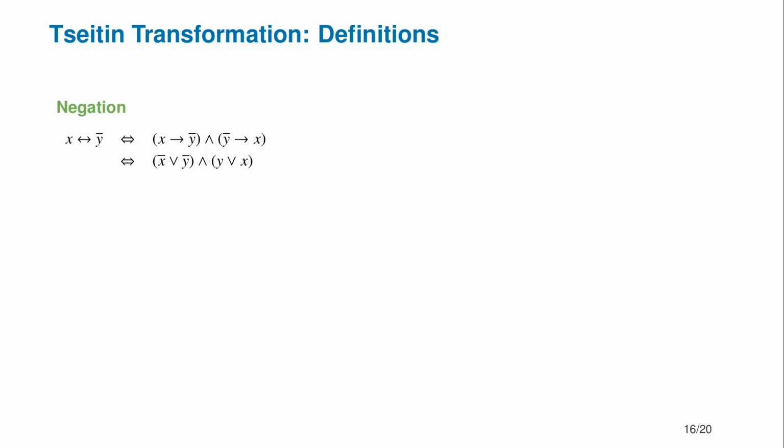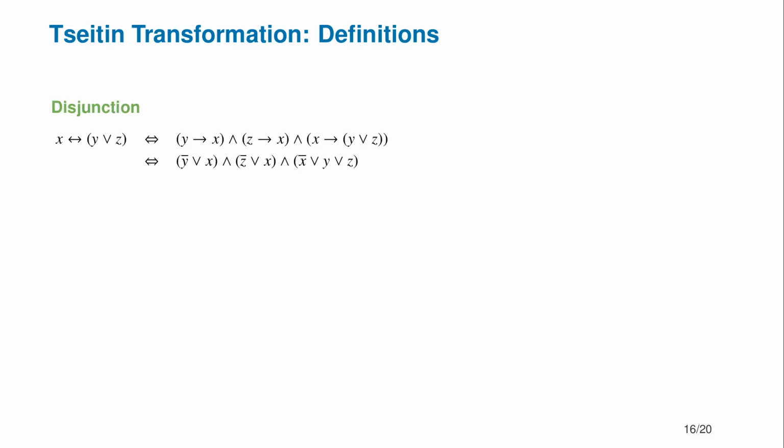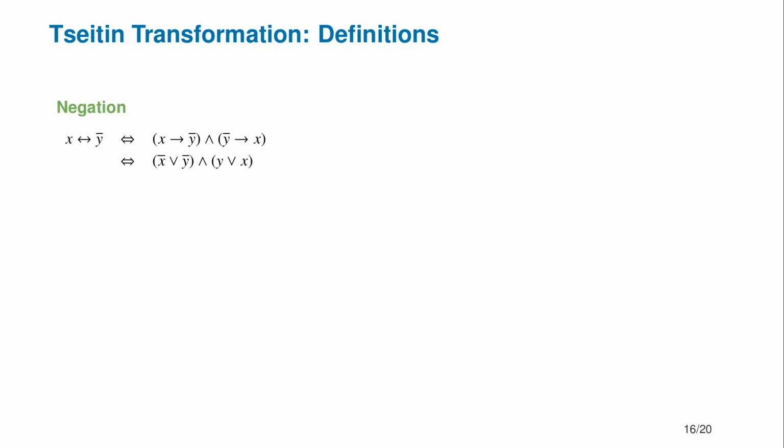For example, if the label replaces a negative literal, then we have X is equivalent to, for example, not Y. Then we first replace the equivalence by two implications. Then we replace the implications by disjunction and negation. And that's it. Then we already have CNF.